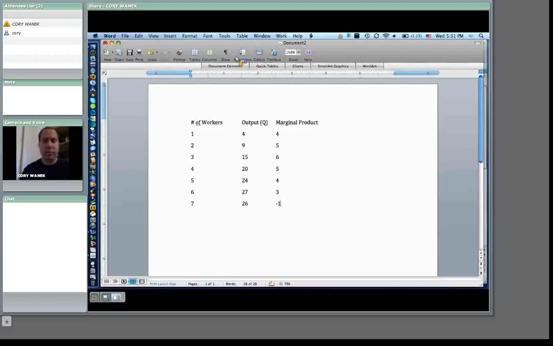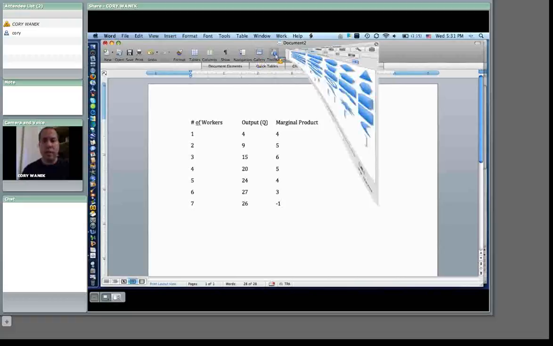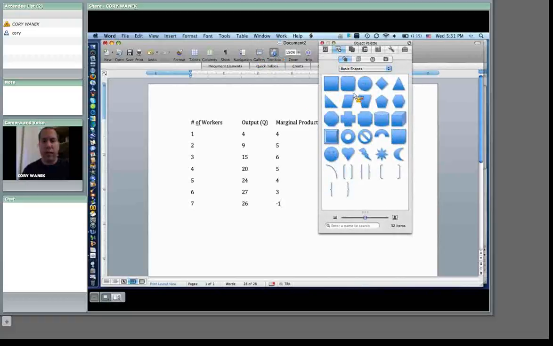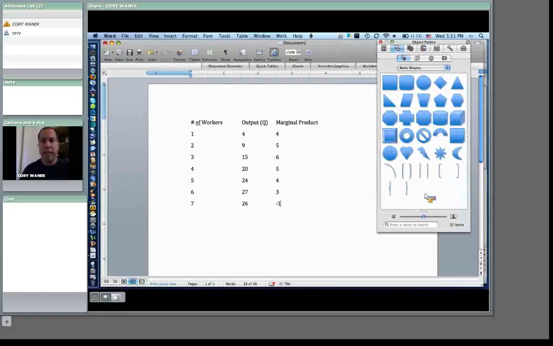So what's happening here? Well, let's see if I can get some drawing tools up here. At this point, these points, you have what's called increasing returns to scale.